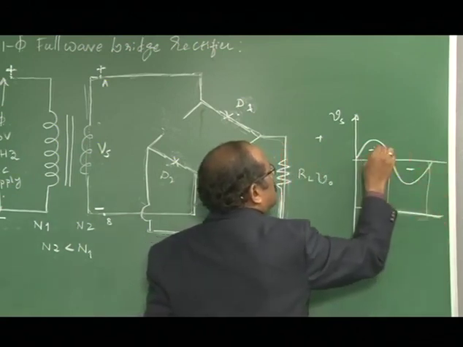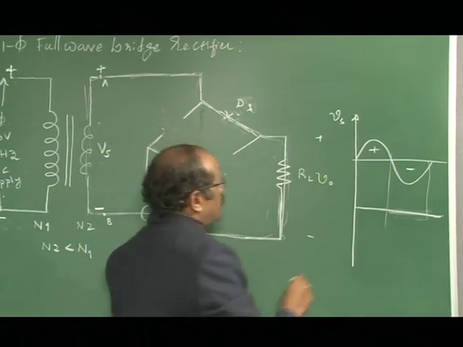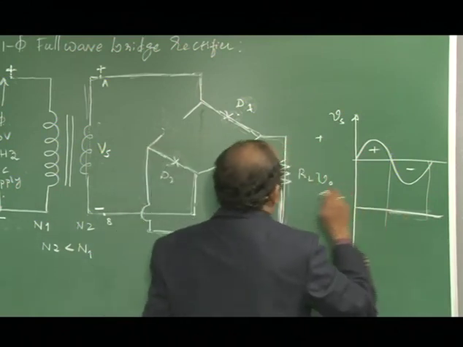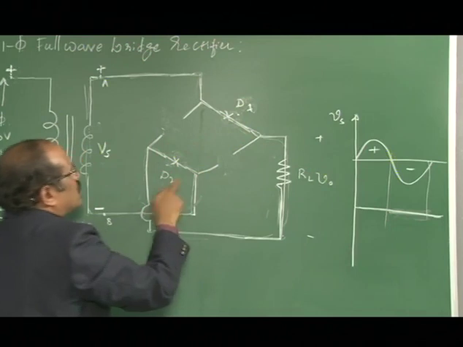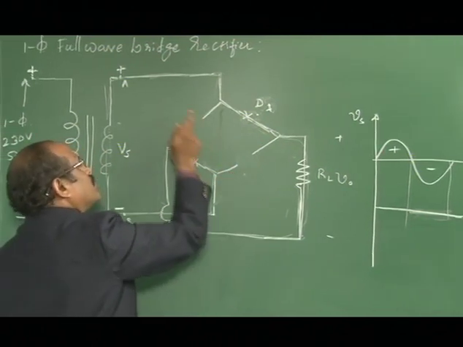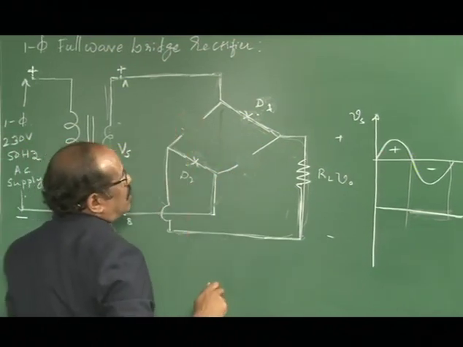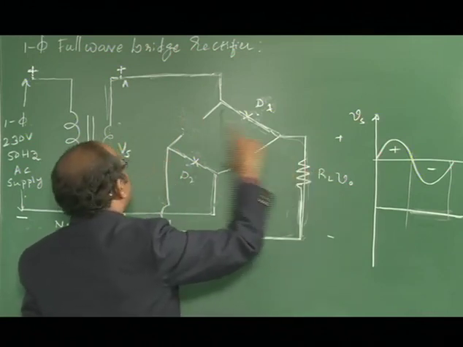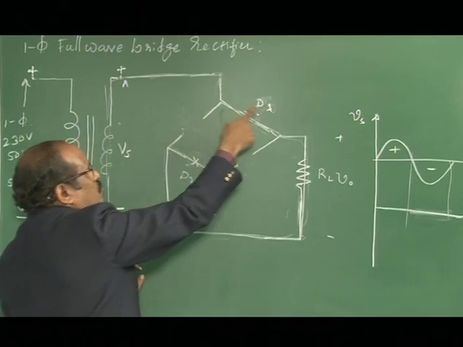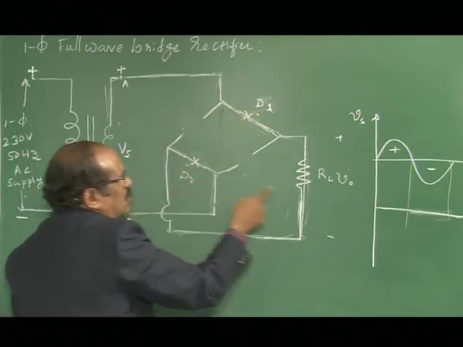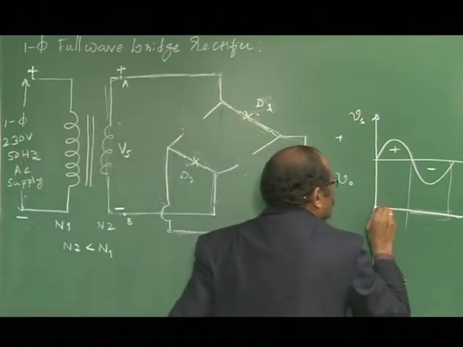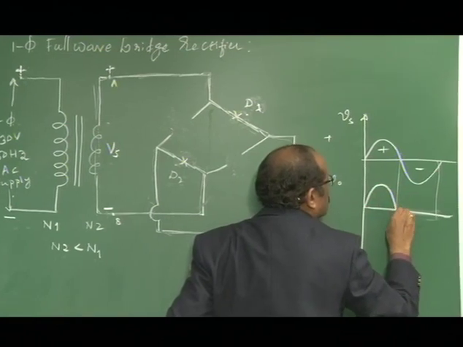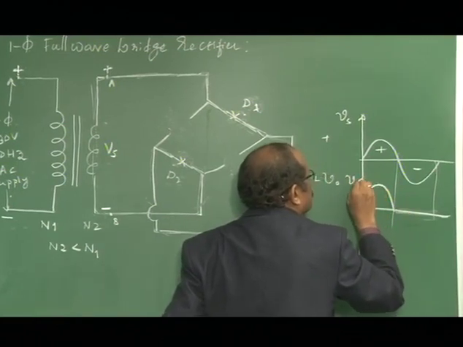During the positive cycle, diodes D1 and D2 will conduct, whereas diodes D3 and D4 will be reverse biased and do not conduct. Therefore, the load terminals are connected to the source terminals through the conducting diodes D1 and D2, so the output follows the input here.